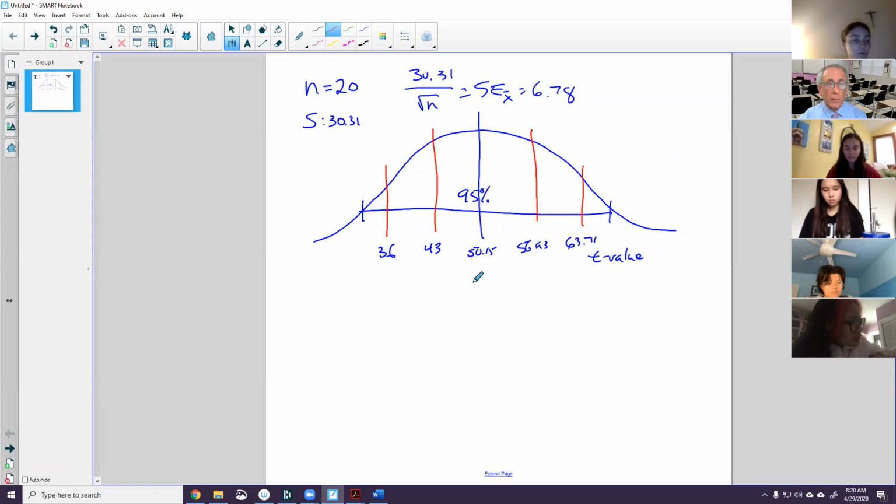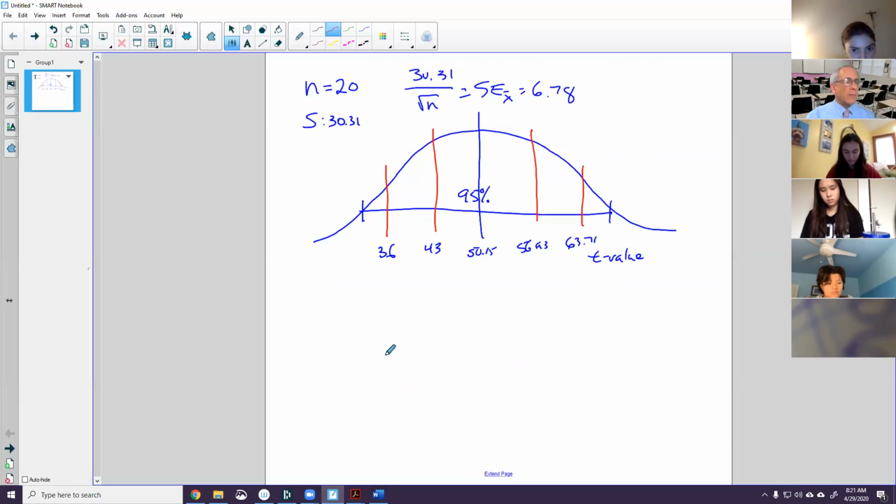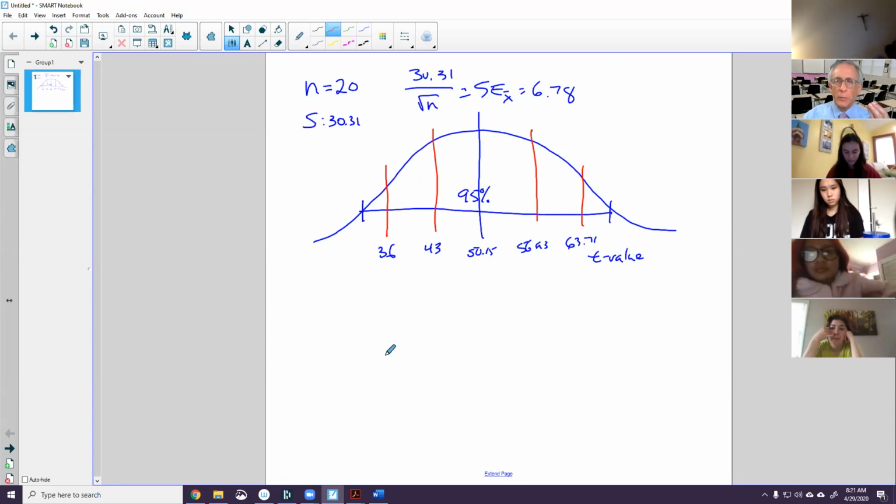Okay, so that was my standard deviation. Let's go back to the problem and see where we were. All right, so I need to find the 95% T confidence interval. So I'm going to make a statement here. When we're dealing with quantitative variables and we're talking about confidence intervals for the mean, forget about the empirical rule.